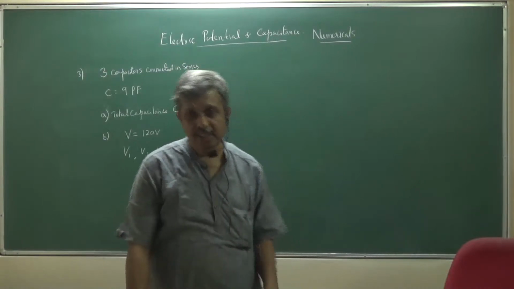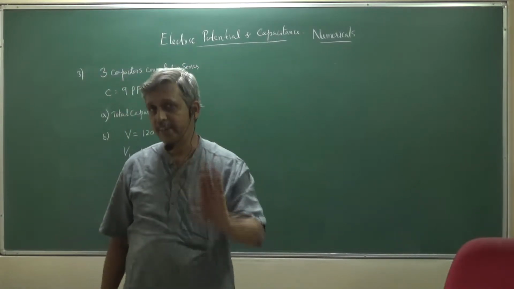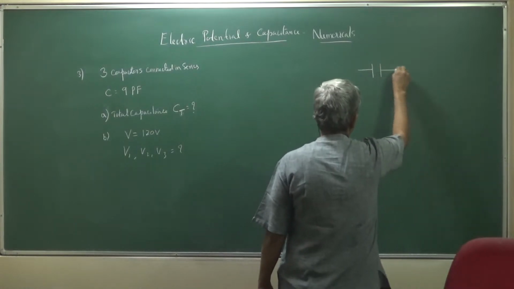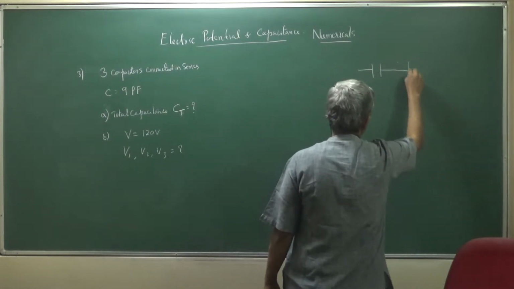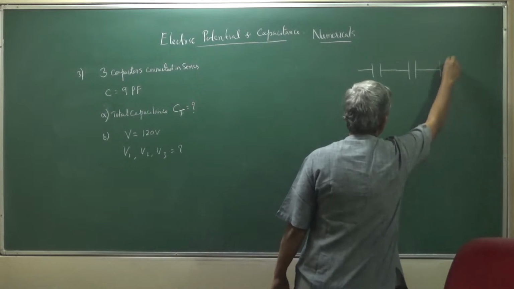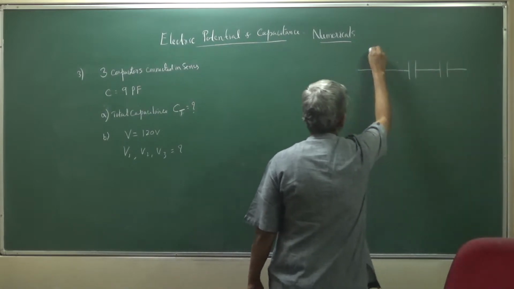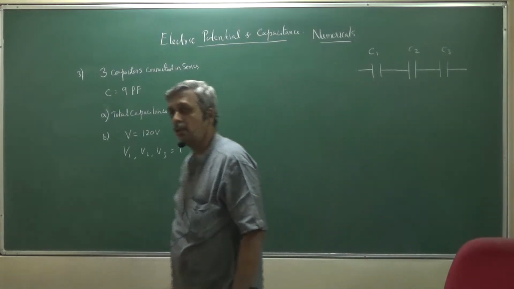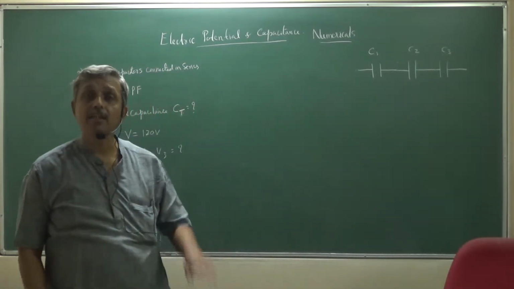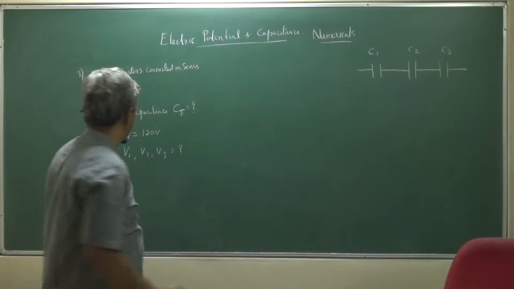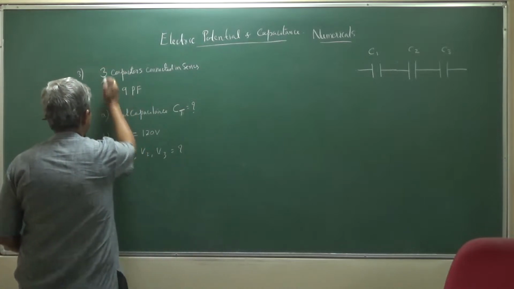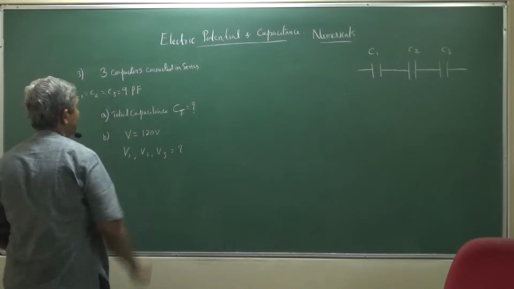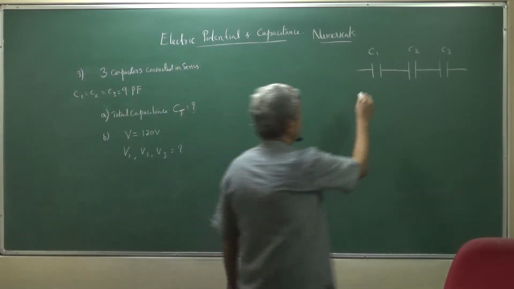So first thing here we will draw one diagram to get an idea. There are three capacitors, in series they are. So C1, C2, C3. It so happens that C1 is equal to C2 is equal to C3 is equal to 9 picofarad. Each one is 9 picofarad.